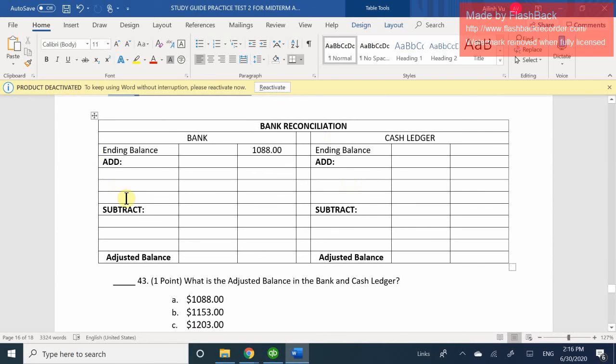Under add for deposits, so you're adding deposits.